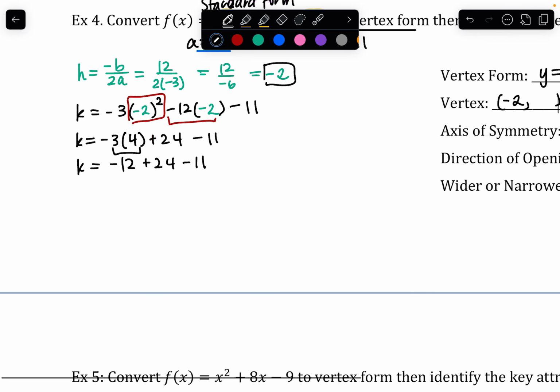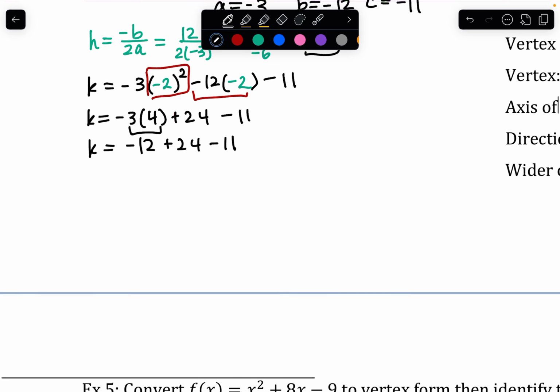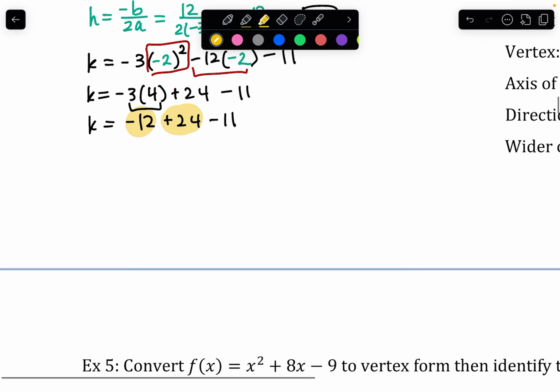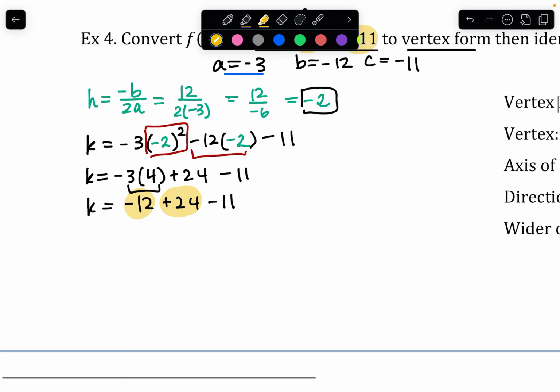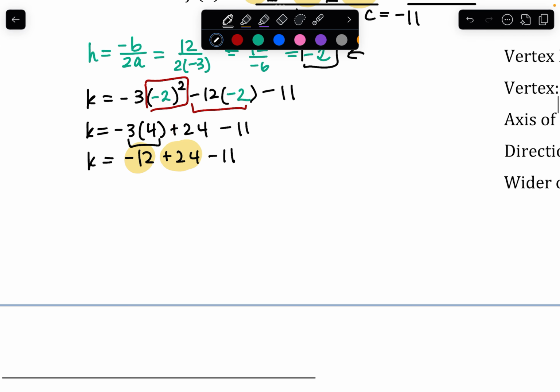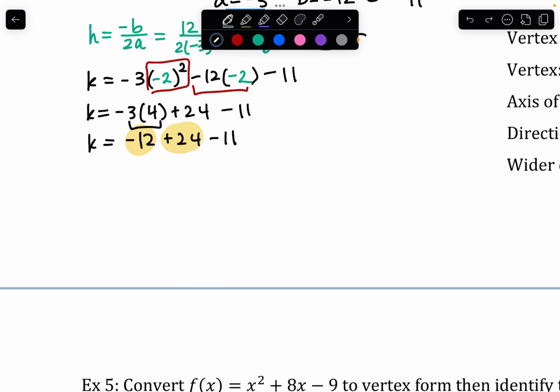I recommend always simplifying to these three numbers right here, because if you've done everything right, this first number should be half of the second, and they should be opposite signs. That's only true if you have the correct axis of symmetry. So if this is the correct axis of symmetry and you've number crunched correctly, this should be half of the second number, and they should be opposite signs. That'll help you find any mistakes.